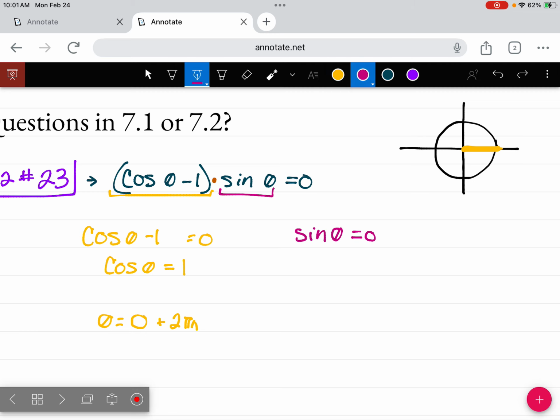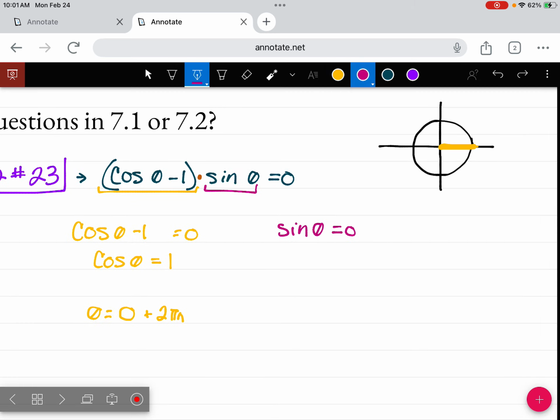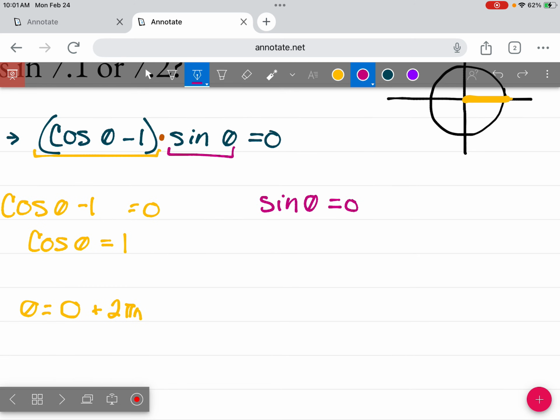So then our other piece we have is our sine of theta equals 0. Where do we get sine of 0? So our theta would need to equal, we actually get 2 options on this one. 0 and pi.